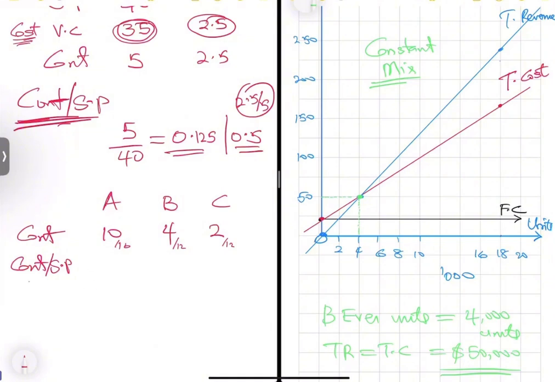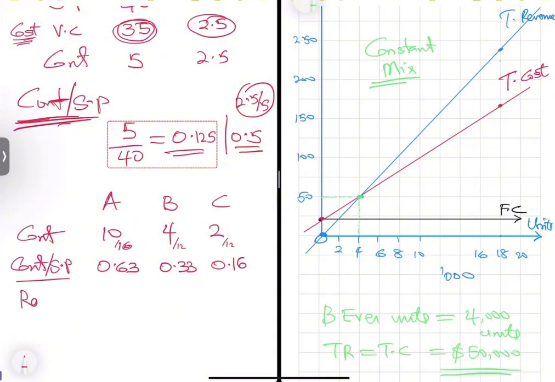What is that? A is 0.63. What's B? 0.3. C? 0.16.